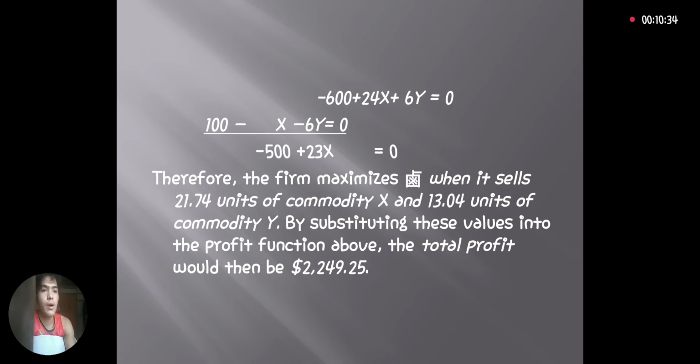Therefore, the firm maximizes when it sells 21.74 units of commodity X and 13.04 units of commodity Y. By substituting these values into the profit function above, the total profit would then be 2,249 and 25 centavos.